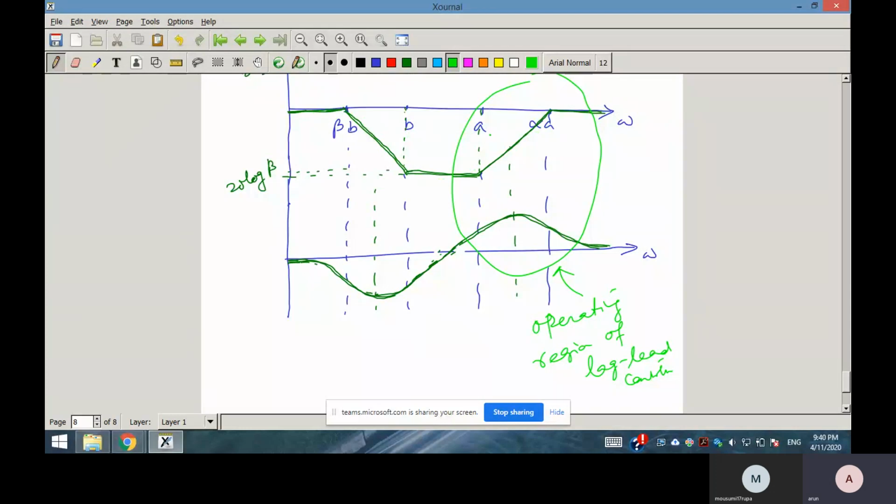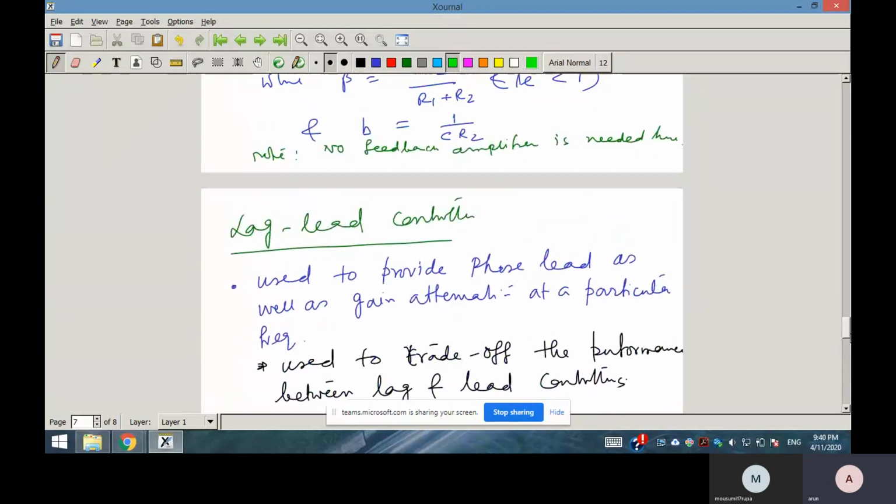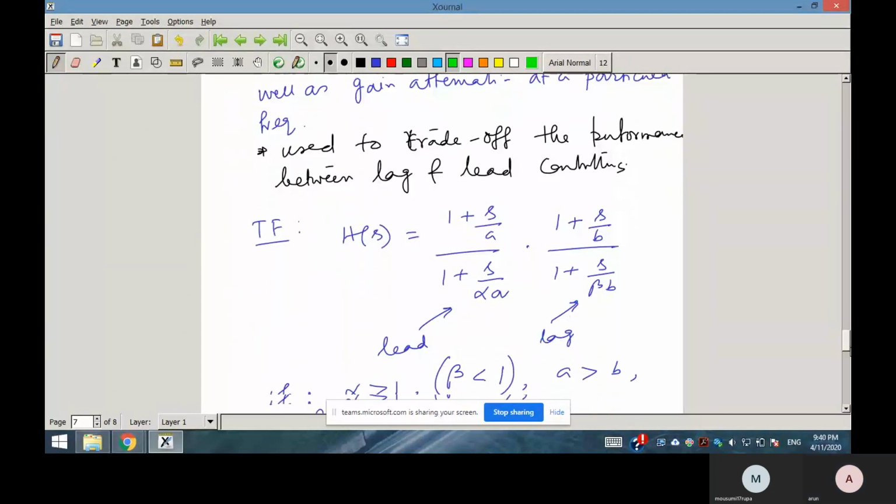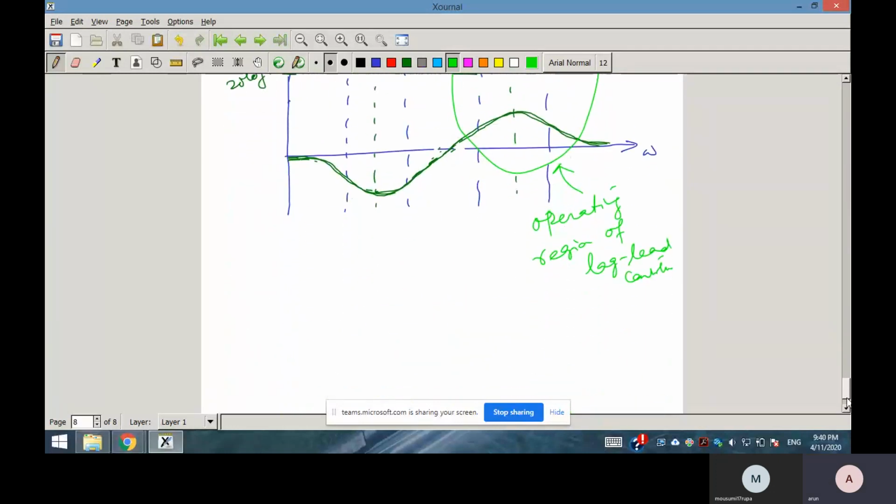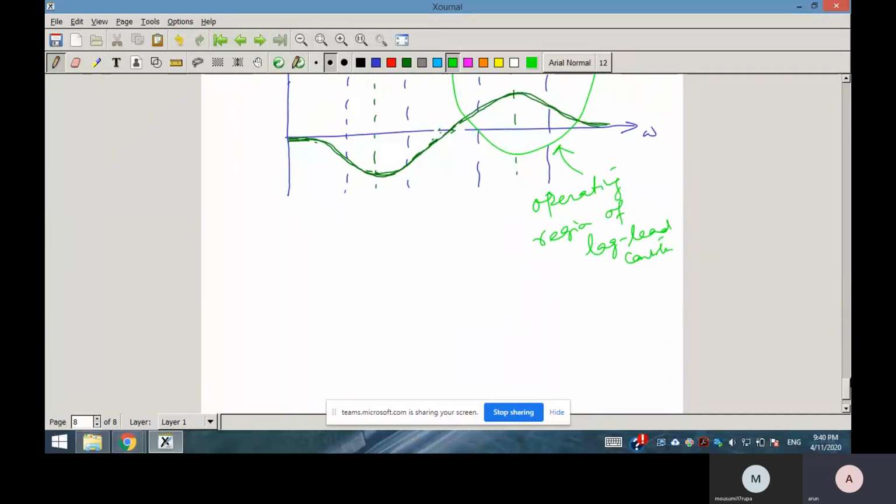That means B should be less than A. This is the reason, a very important thing. So the lag-lead controller is used to trade off the performance of lag and lead controllers. In the next class we will show how to design this controller using the algebraic method, as we discussed for lag and lead controllers.